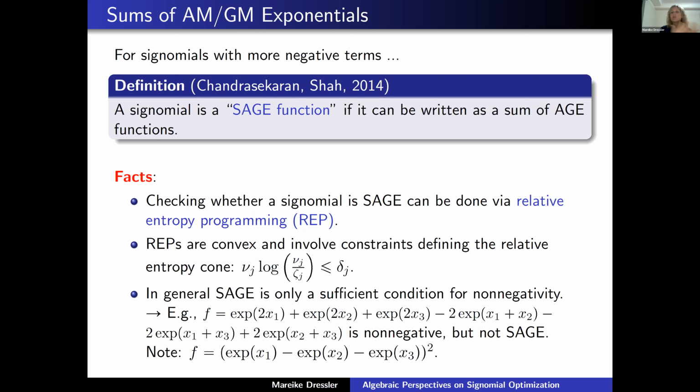So if a Signomial is SH, then we know for sure it is non-negative, but clearly there are non-negative Signomials which cannot be written as a Sage function, and here is such a guy. So this f is non-negative. One can see that easily because it can be written as this square, but one can also show that it is not Sage.